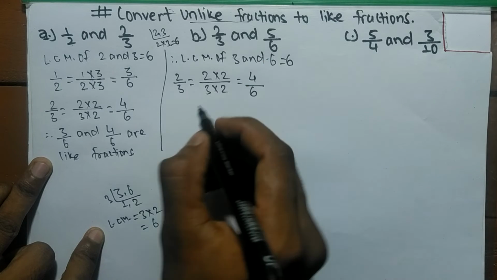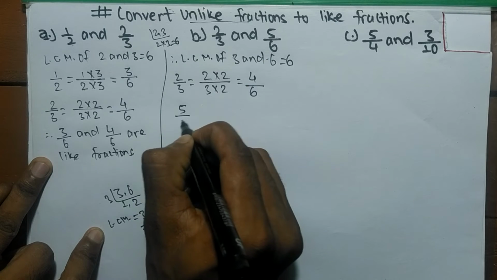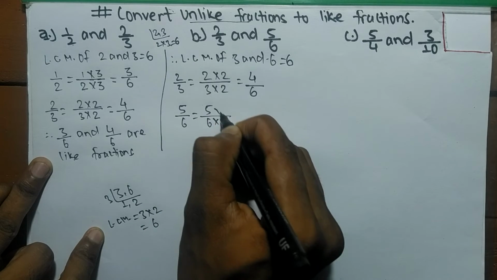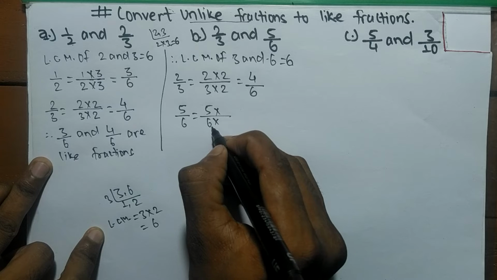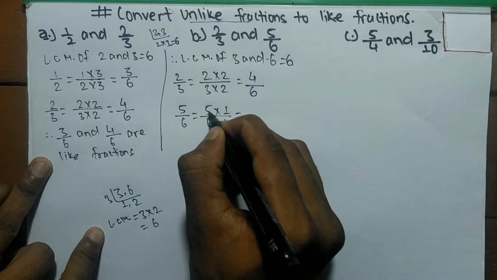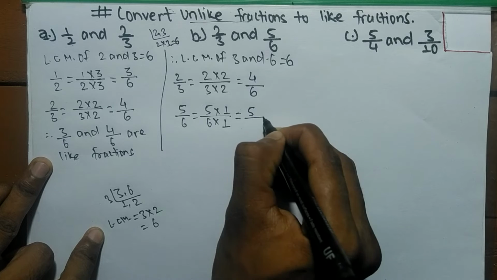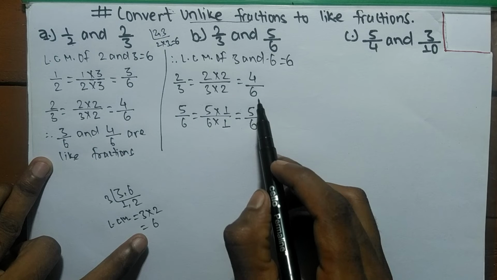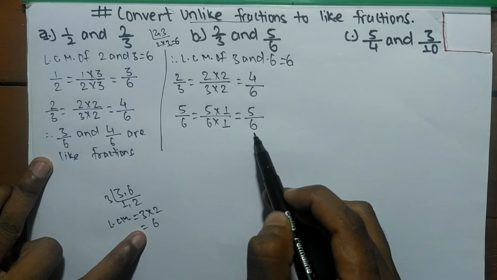Like this, our second fraction is 5 by 6. Now 6 divided by 6 means 1. So it is 5 into 1, 5 by 6 into 1, 6. So we got the same denominator, 6 and 6.